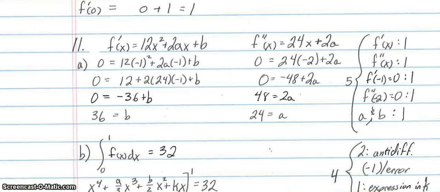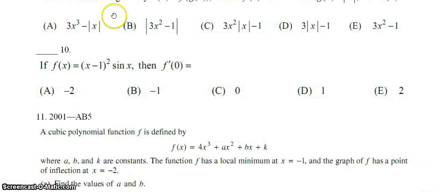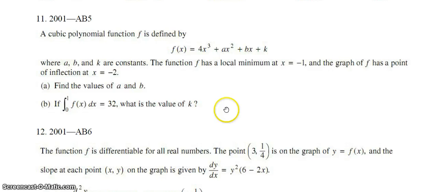Now in 11, in the free response here, how do we find a and b? Well, here's the two things. We got the function that's got a local minimum and a point of inflection. Well, local minimum is going to occur when f prime is equal to 0.